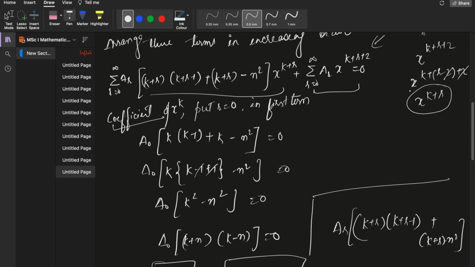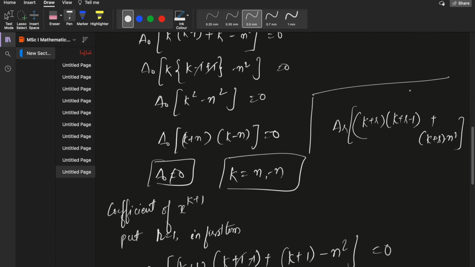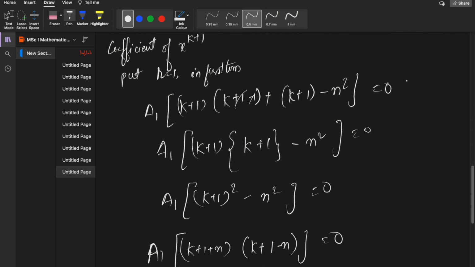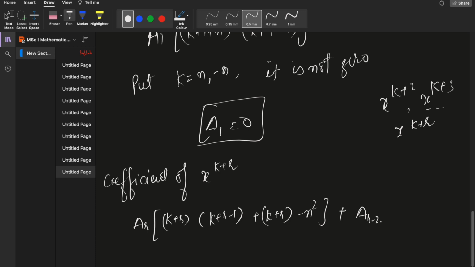So the coefficient of the first term must be ar, times k plus r minus 1, plus k plus r minus n squared, plus the second term, only r minus 2.